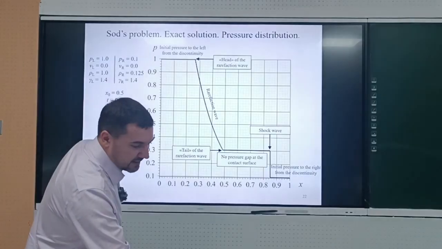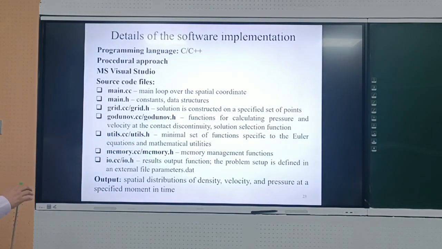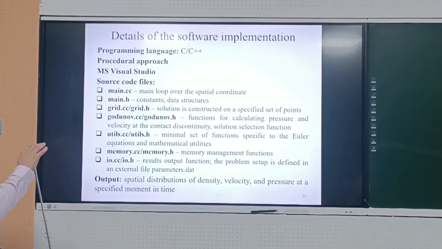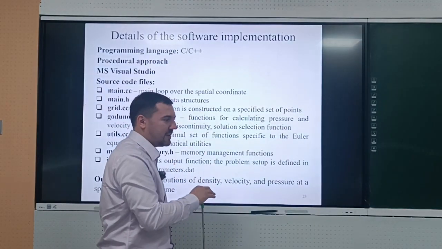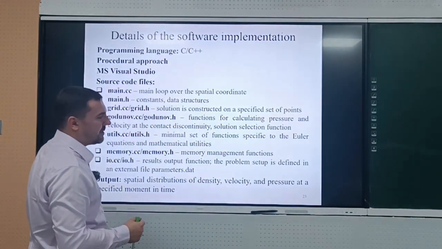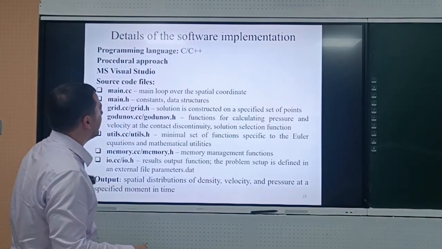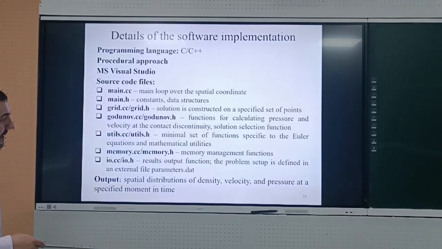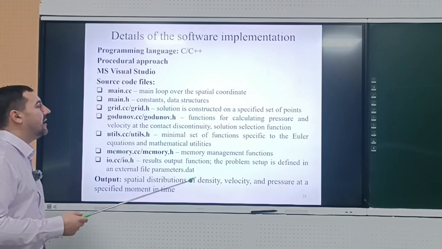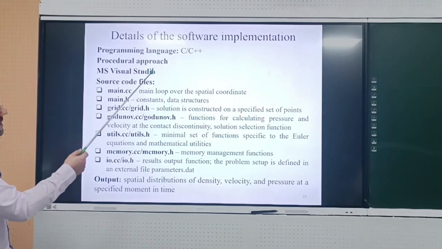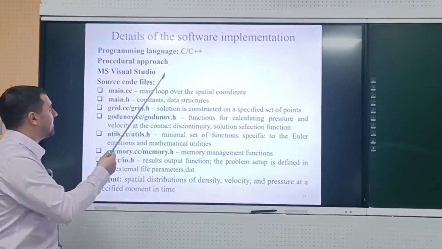The second part of the lecture is how we can implement and compute this, and it will also explain a lot of things, because maybe you think that you understand all these theories, but when you try to implement it in code, it turns out that you still don't understand a lot of things. So now I'd like to explain to you the program for the construction of the exact solution of the Riemann problem for the Euler equations. I used it as a program for ordinary differential equations, in C++.